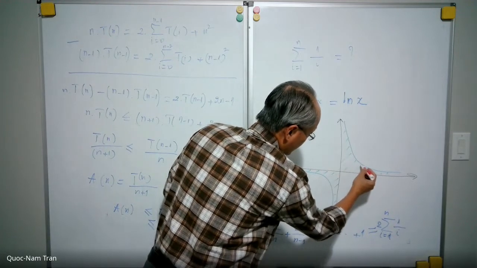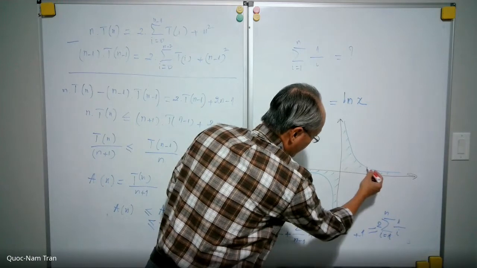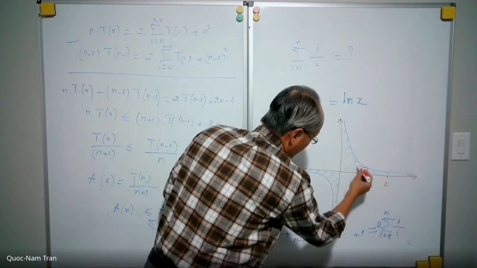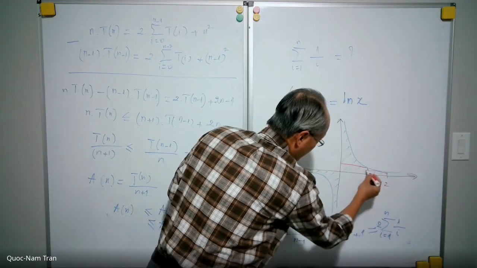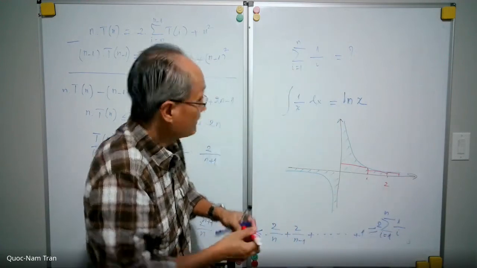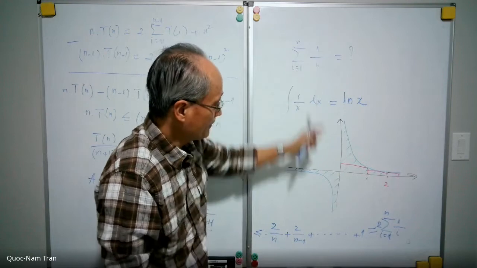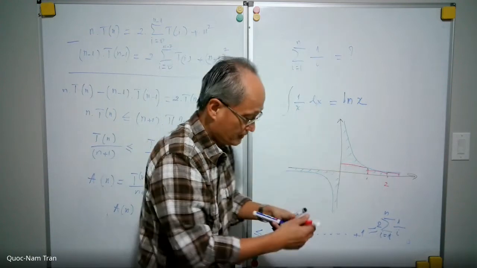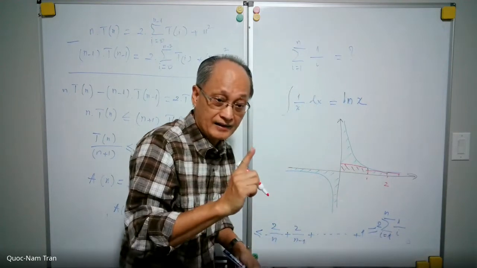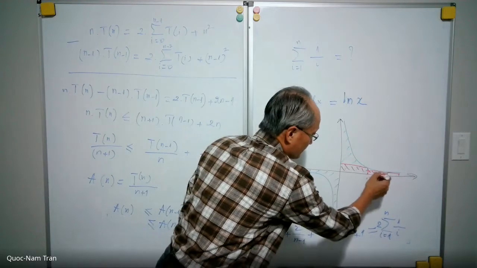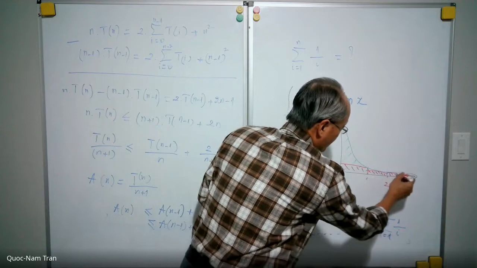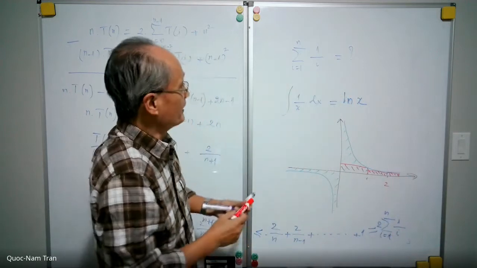Say if we have 1 here, 2 here. Then the sum of 1 divided by i will be the area of the red rectangle here when i is 1, and then the area of the rectangle here when i is 2, etc. So what does it mean?